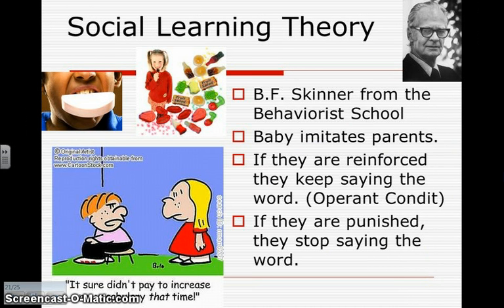Now, there's two big theories that people look at in terms of trying to figure out how we develop our ability for language. One is the behaviorist theory, or the social learning theory, same thing, of B.F. Skinner. That basically says that language develops by reinforcement, imitation, and punishment. Children learn words and they're rewarded for saying them.